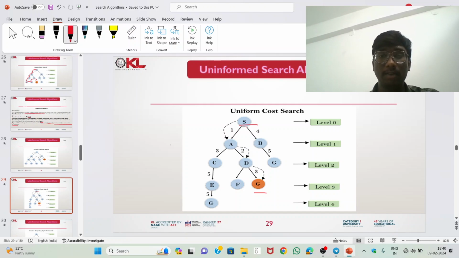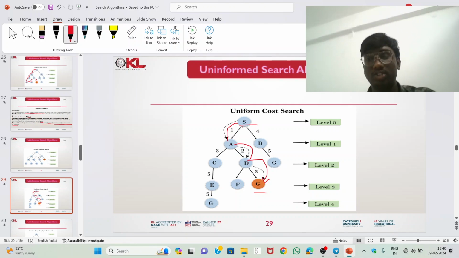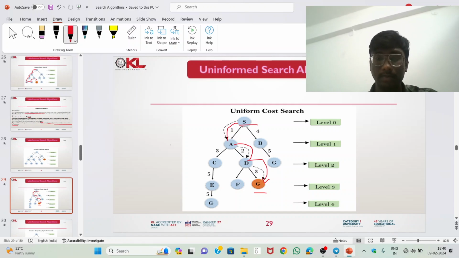Here from S there are two paths, A and B, but the least cost is 1, so we go to A. From A there are two paths, 3 and 2. We go directly from A to D because it has less cost than A to C. Then from D to C, G. As it is the goal node, we go directly to G. This is how uniform cost search is used.